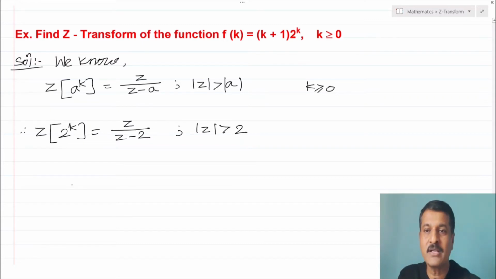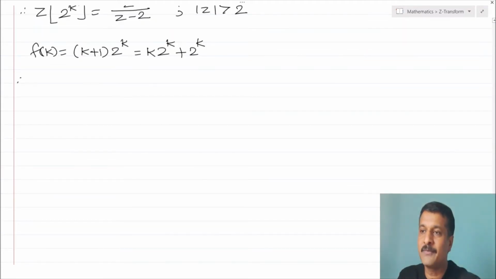Now I want k plus 1 into 2 raised to k. Since f of k equals k plus 1 into 2 raised to k, I can write it as k into 2 raised to k plus 2 raised to k. Therefore, the Z transform of f of k is the Z transform of k into 2 raised to k plus 2 raised to k.